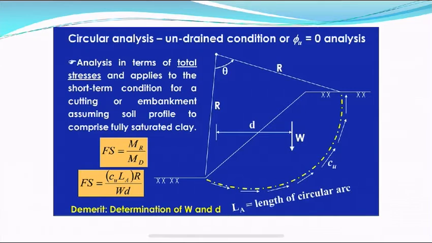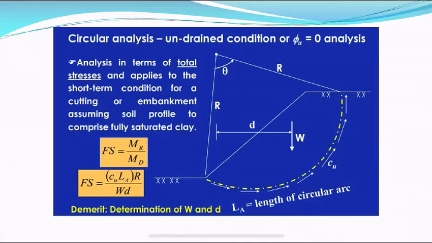Now it is assumed that the potential failure surface, indicated with this yellow broken line, can be seen, and the undrained cohesion Cu is assumed to be mobilized along the failure arc, and W is acting at the center of gravity. Let us consider the zone as A, B, C, D. This requires determination of the area of this portion.